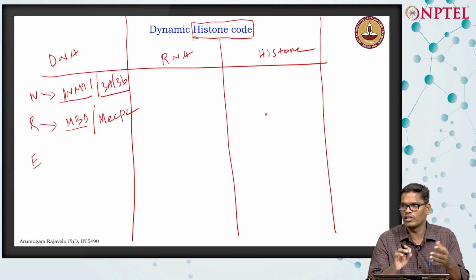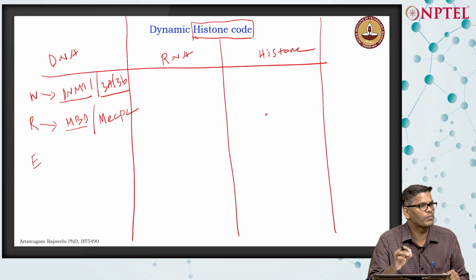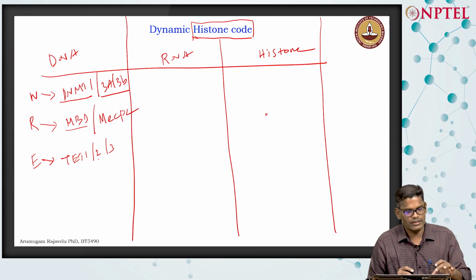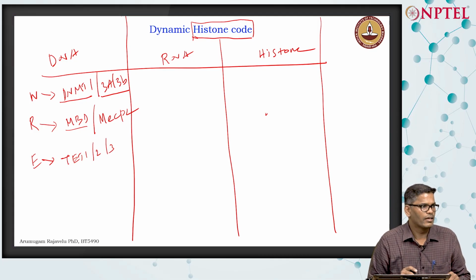They won't reveal it, but they say methylated DNA enrichment kit because it has the methyl binding domain protein in it. And eraser is TET, right? TET1, 2, and 3. So these all are the DNA epigenetic players: writer, reader, eraser.